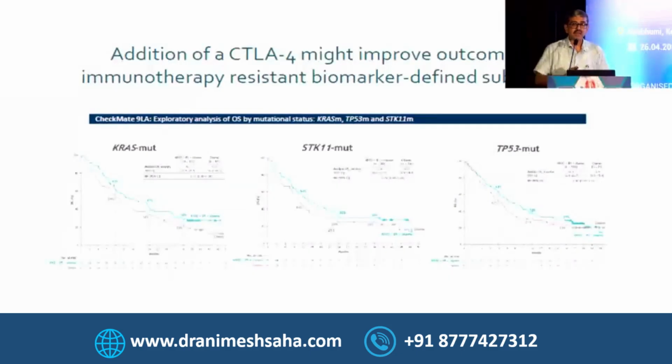So this category of patients, the resistant biomarker subgroup, is not doing well with IO monotherapy or IO-chemo combinations, so go ahead with the CheckMate 9LA protocol or ABCP protocol.